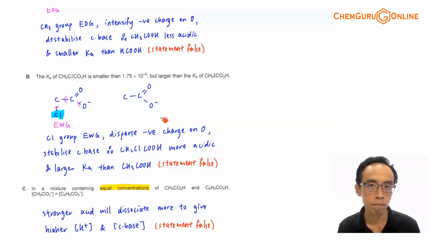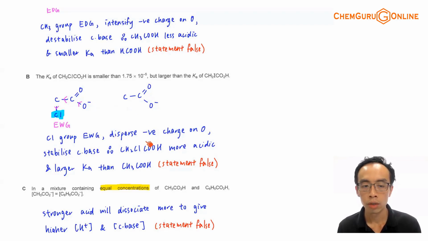The conjugate bases are here. You notice the difference between these two is the presence of the chloro group. The Cl group is an electron-withdrawing group. It will pull electron from the carbon, which will ultimately pull electron from my O-. Since it is a withdrawing group, it helps to disperse the negative charge on the oxygen and stabilize this conjugate base to a certain extent.